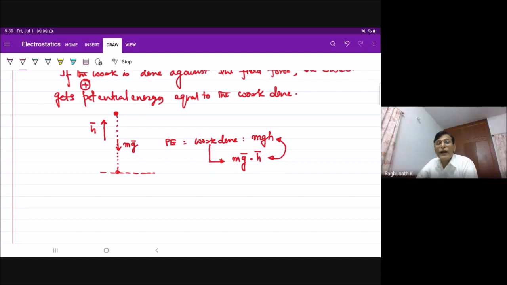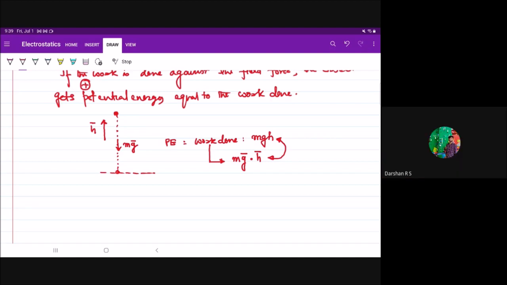Mg bar dot h bar, is it positive or negative? Magnitude is mgh only, no doubt about it. Is mg bar dot h bar positive or negative? Tell confidently. Here, positive, sir, because work done against the field.